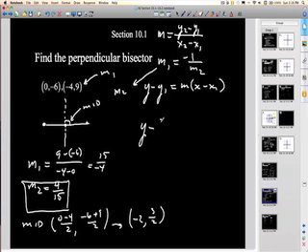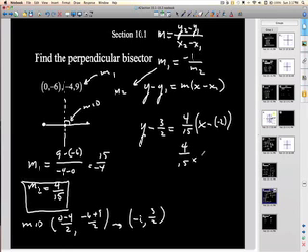So y minus 3/2 will be equal to my slope, 4/15, times x minus negative 2. If I simplify this side, I'll get 4/15 x minus a negative, that's going to be plus. 2 times 4/15 is 8/15.